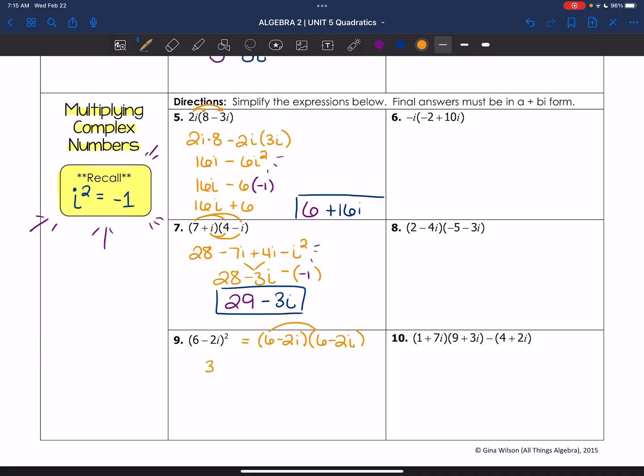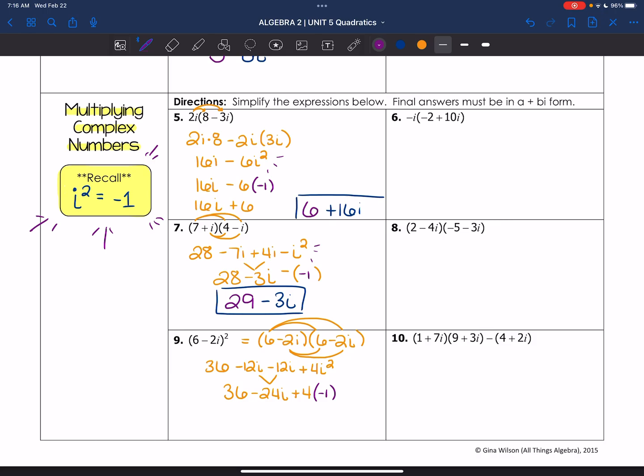Distribution. That's going to be 36 and then minus 12i. Again, those inside terms now, minus 12i. And then the last terms, that's going to be a positive 4i squared. 36 cannot combine yet, but these two can to give us a negative 24i, plus 4 times what, ladies and gentlemen?